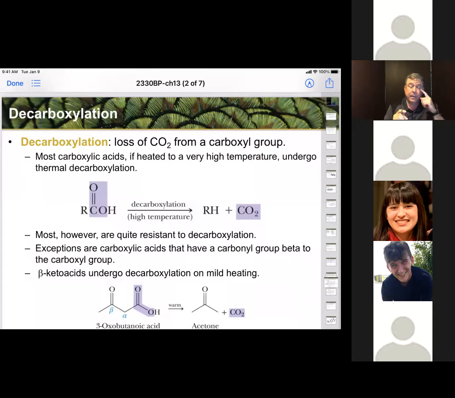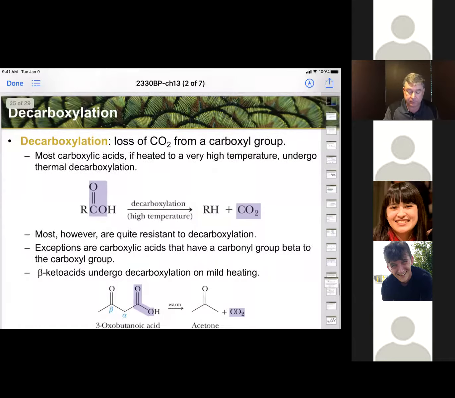However, if we take advantage of the electron withdrawing of our carbonyl compound here, we can actually make it easy to do this decarboxylation. What we call this is a beta keto acid, which will undergo these eliminations very readily.